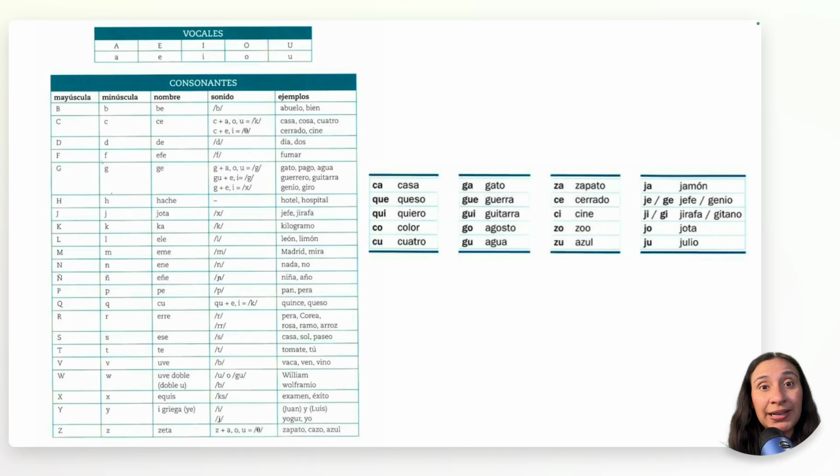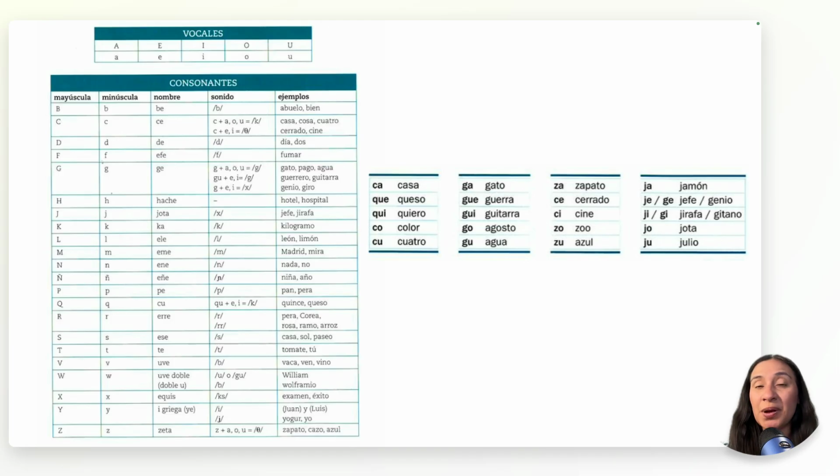Ha, jamón, he, jefe, or you can also say genio. And there we have different types of spelling. And then we have hi, gitana, gitano, jirafa, jota, Julio, right?